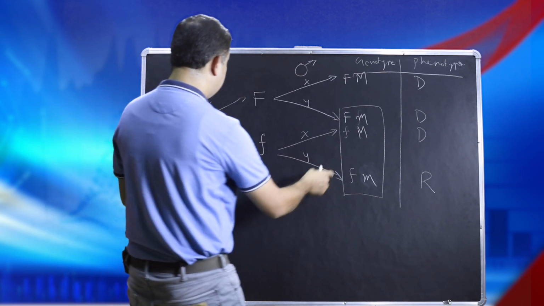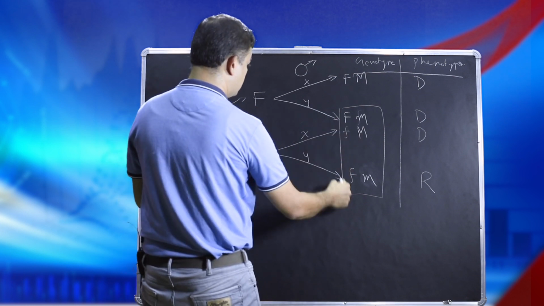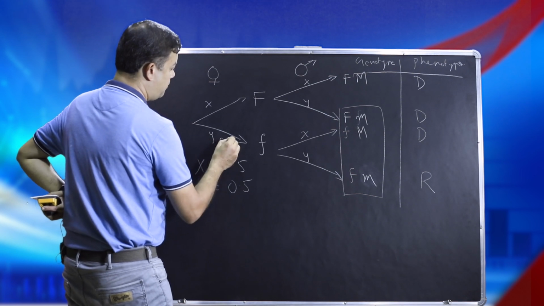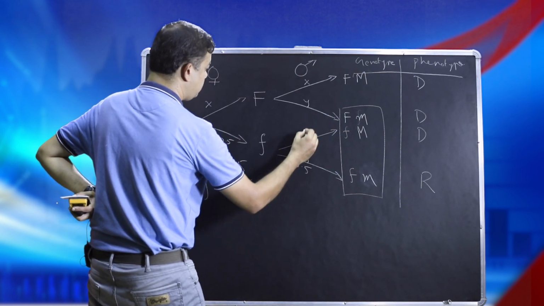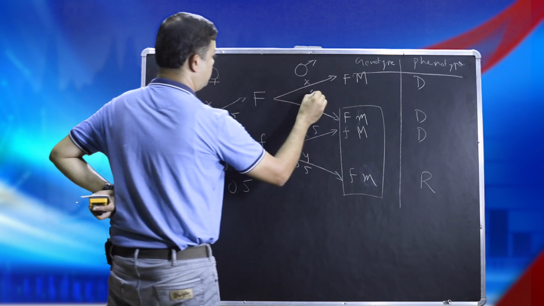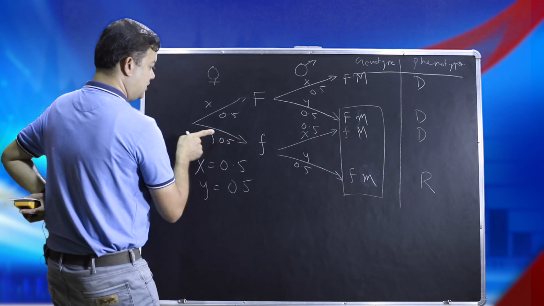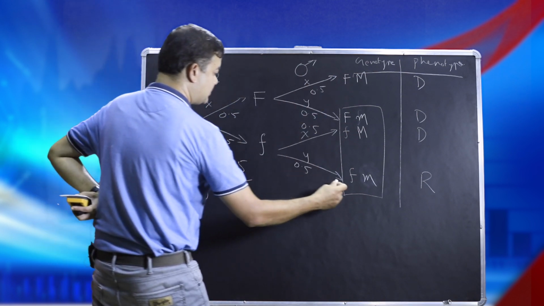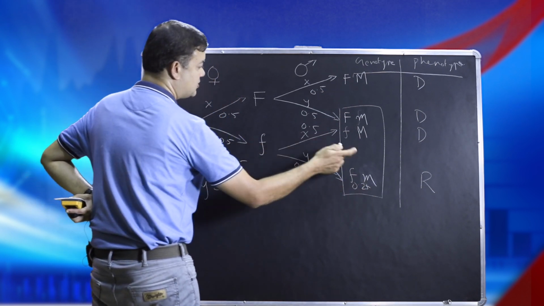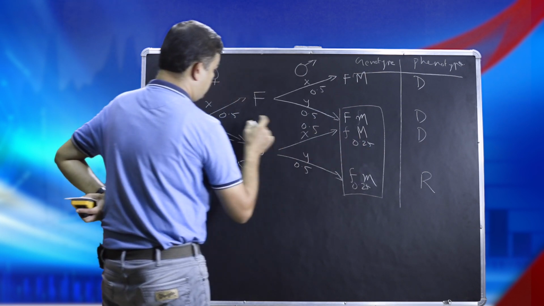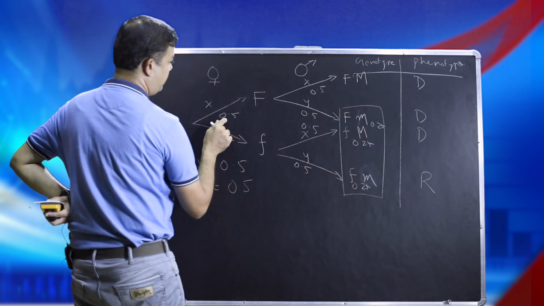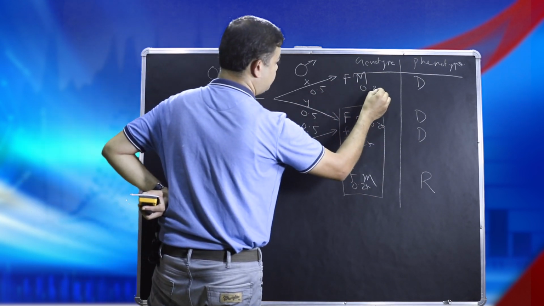Now if I ask you at least one recessive gene, how will you calculate? Each branch is 0.5, so 0.5 multiplied by 0.5 is 0.25 for this path, 0.25 for this path, 0.25 for this path, and 0.25 for this one.